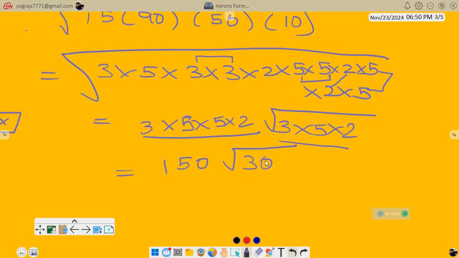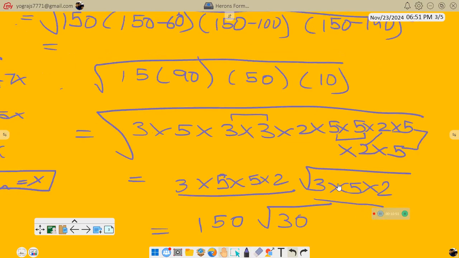So the answer here which we get is, oh, sorry for the mistake. Here I have deducted a 0, so let me put it here. Now here we formed 3 times 5, this would be 15, and then we have to form another pair, 2 times 5, that would be 10. 10 into 150 is 1500.